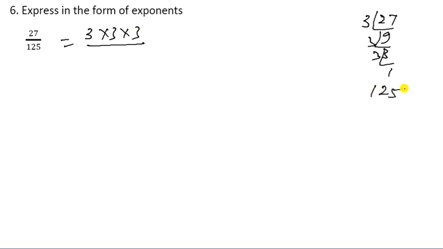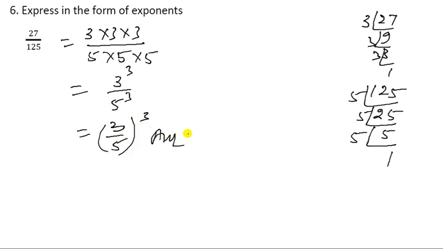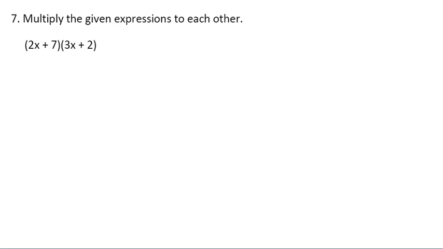Now what about 125? 125 divided by 5, 5 twos are 10, 5 fives are 25, once again 5, that is 1, and it is 5 into 5 into 5. So here is 3 to the power 3 and 5 to the power 3. So you can say 3 upon 5 and whole power is 3. That is your answer.